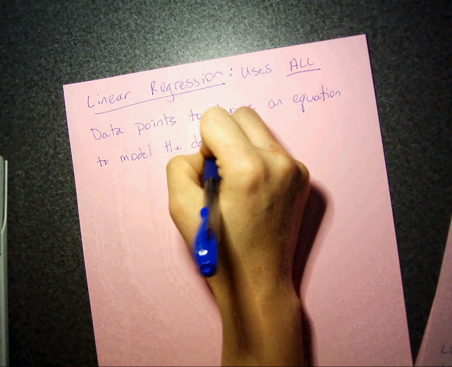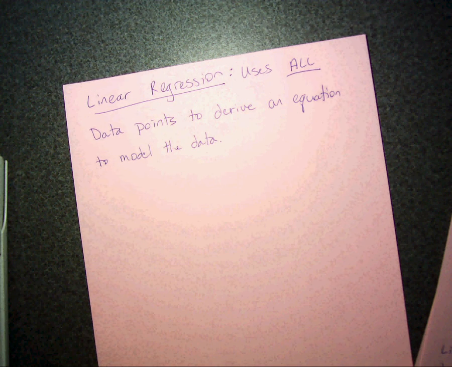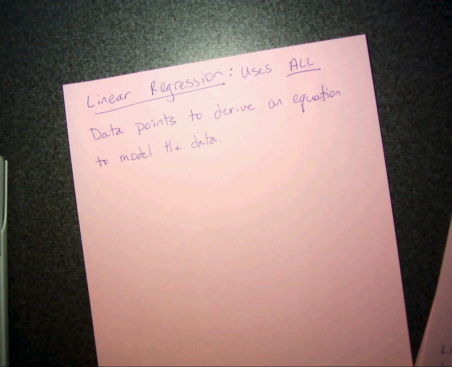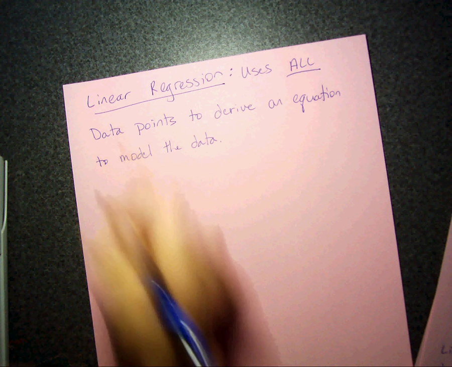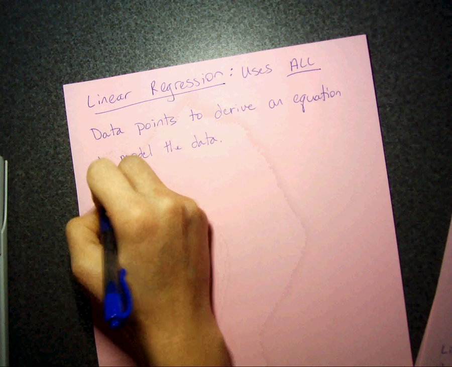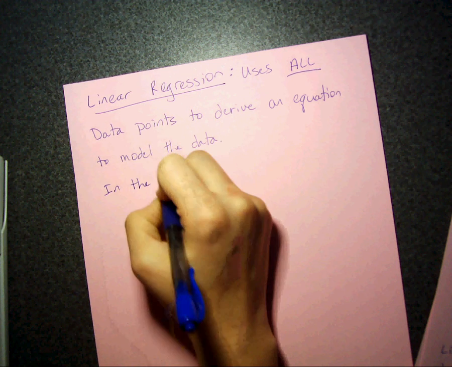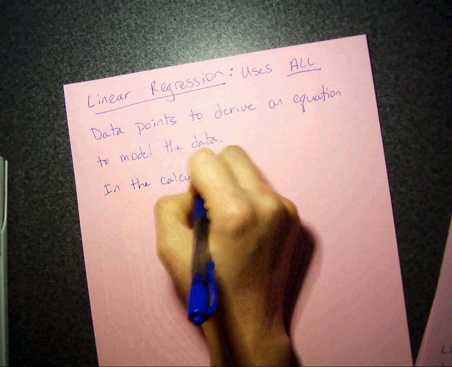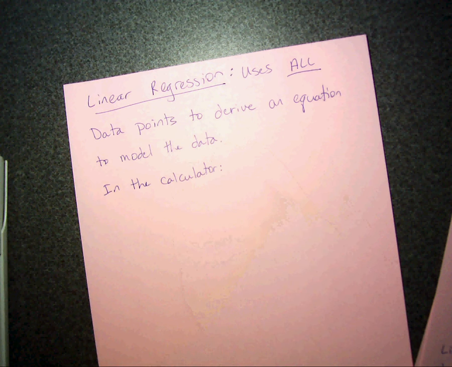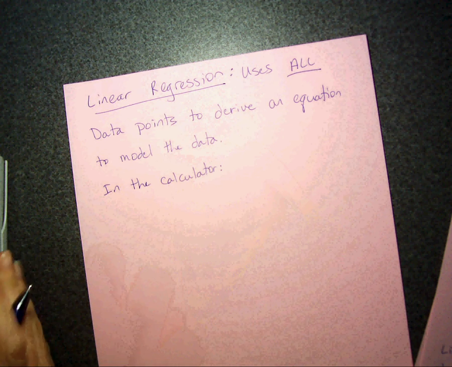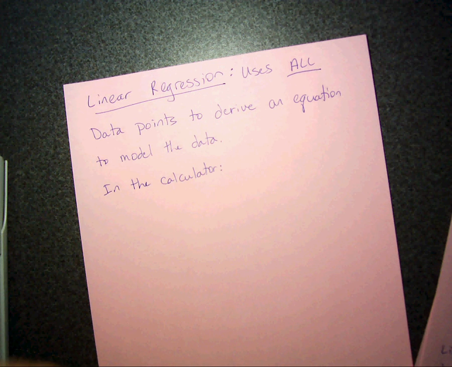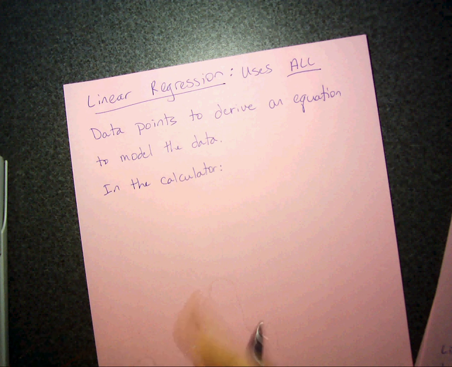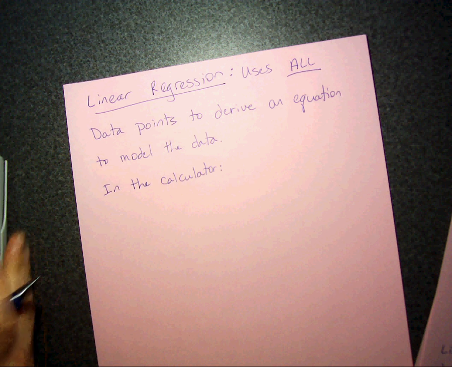It's very extensive. And so we're going to use our calculators to do this. So the linear regression is done in the calculator. On your homework and in your class assignment, you are asked to do both, so you will have to find the line of best fit and then also find the linear regression and compare the two values. So let me show you how we do a linear regression in the calculator.